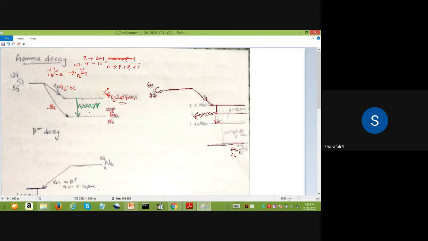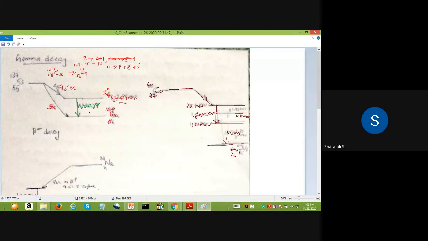Or if you have a direct landing, like if it is landed somewhere here, then also it has to move to the ground state, so this will also produce some gamma radiation. So this gamma radiation energy depends on the state energy. For example, in this case, this state is having some 2.5 mega electron volt. This state is having 2.15 mega electron volt. Okay, and this is having some 1.33 mega electron volt.